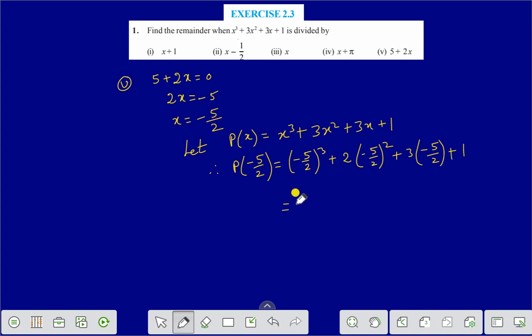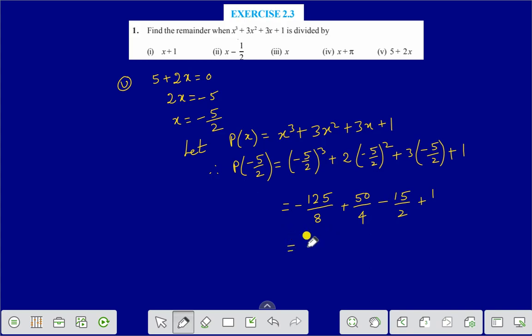Therefore, we are getting minus 125 by 8, plus 50 by 4, minus 15 by 2, plus 1.